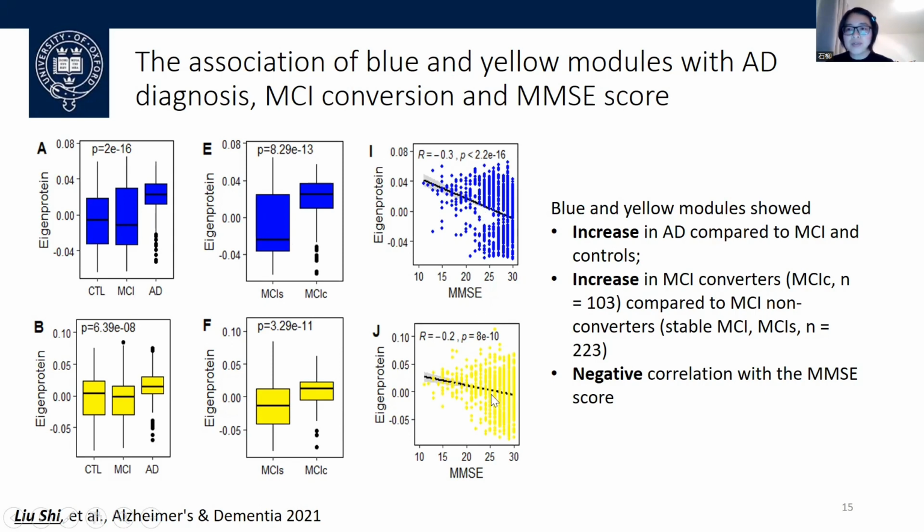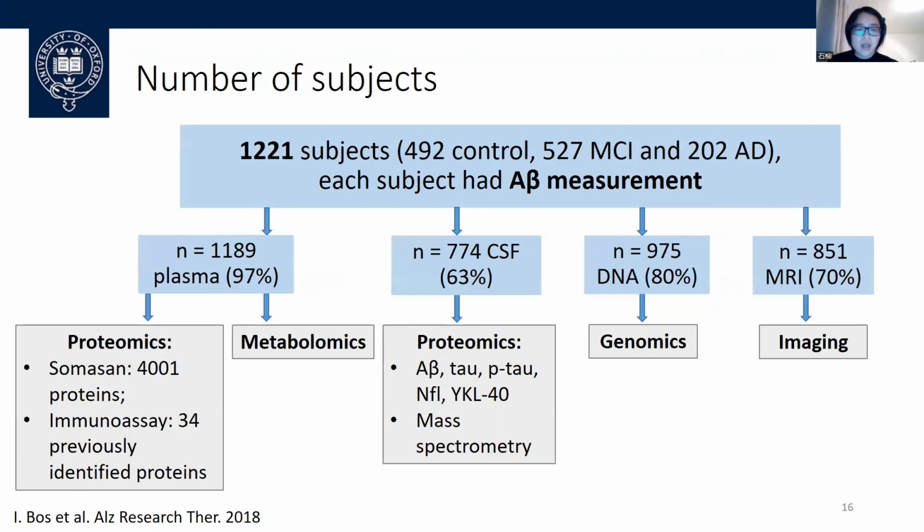So all these results taken together show that there is consistency between the pathological analysis that I showed you in the heat map and the clinical diagnosis shown here. You can check more details in this paper, which was published last year in Alzheimer's & Dementia, if you are interested. So I just showed you the results from SOMAscan, covering 4001 proteins.